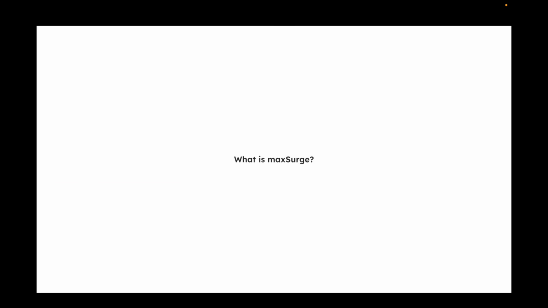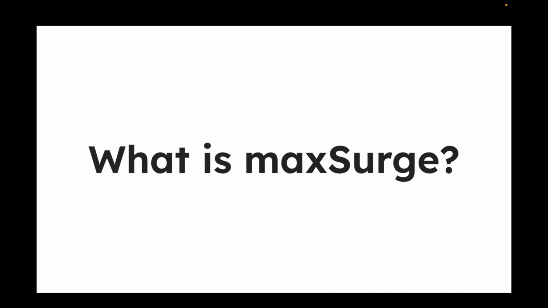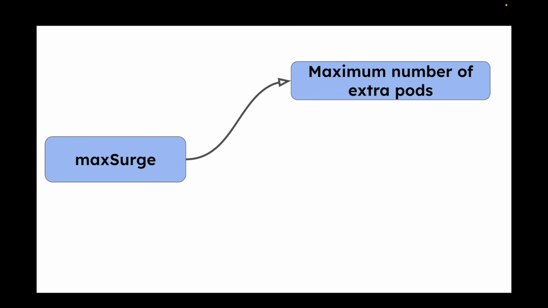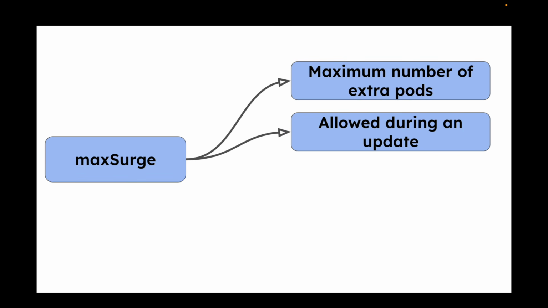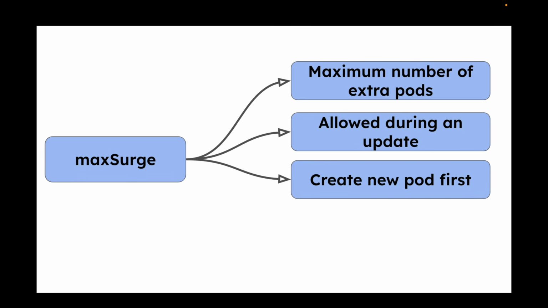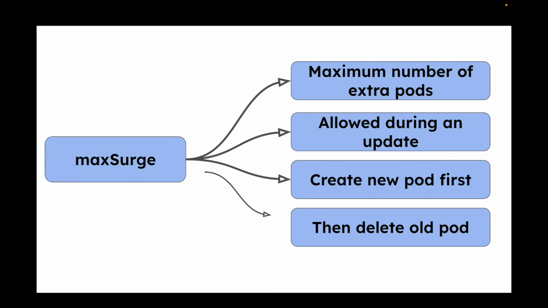The next question is, what is maxSurge? maxSurge is the maximum number of pods that are allowed to be created during an update. For example, if you set replicas as 3 and maxSurge as 1, Kubernetes can temporarily run 4 pods during an update. So it will always create a new pod first and then delete the old pod.